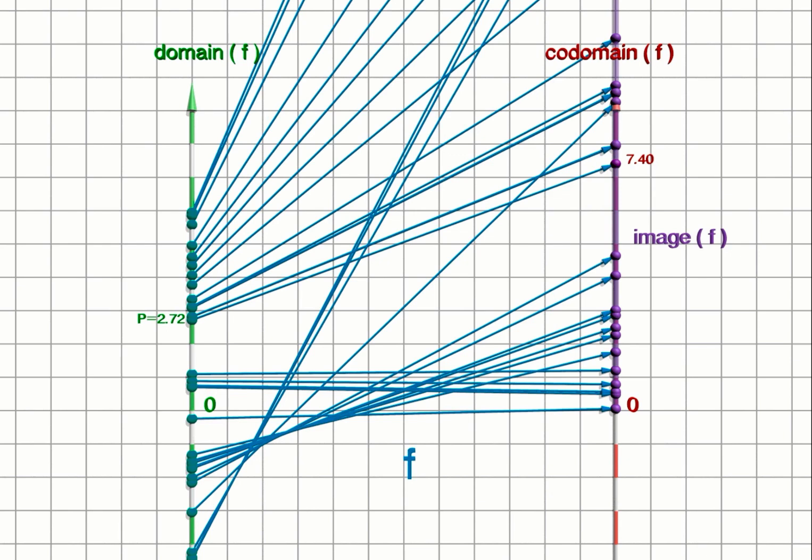Remember that the graph of a function is a subset of the Cartesian product of the domain times the codomain. So let's first construct this Cartesian product.